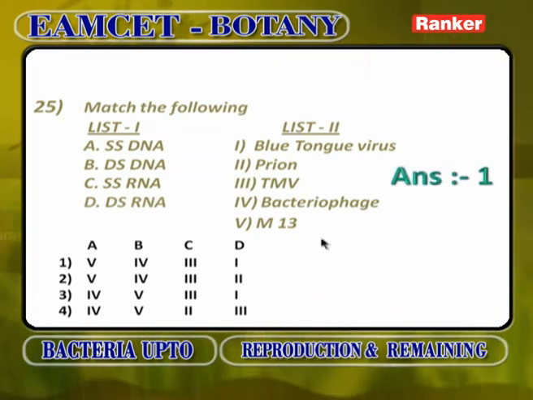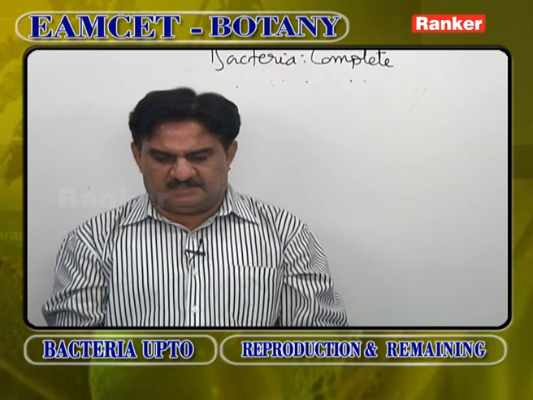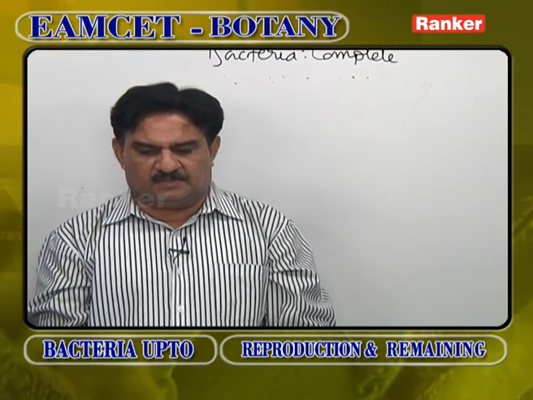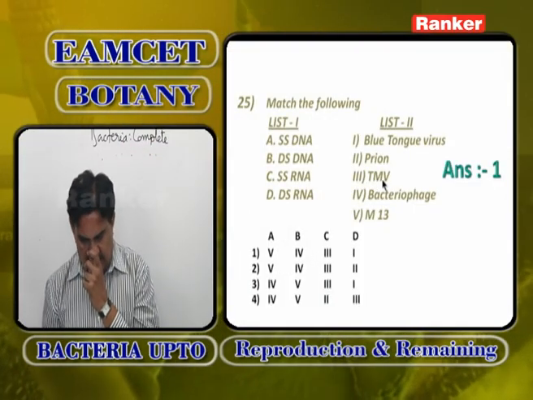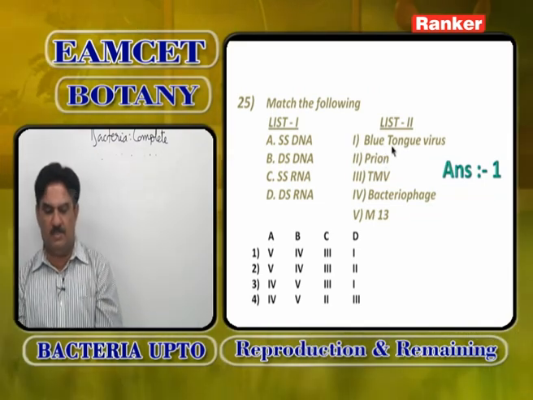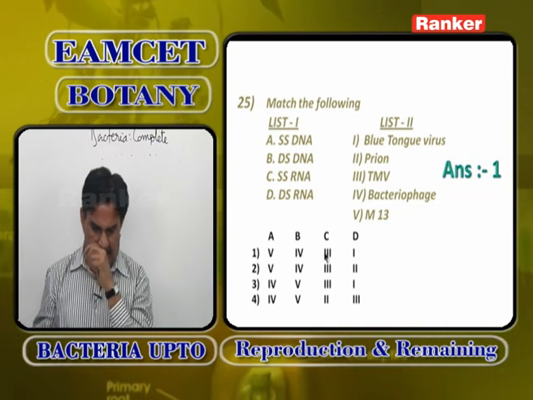Now, match the following: single stranded DNA, double stranded DNA, single stranded RNA, double stranded RNA. Single stranded DNA is found in M13 bacteriophage, 5. Double stranded DNA is found in bacteriophages, 4. Single stranded RNA is found in tobacco mosaic virus, 3, and double stranded RNA is found in blue tongue virus. So, answer is 5, 4, 3, 1.